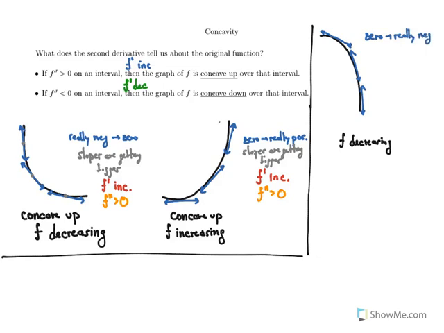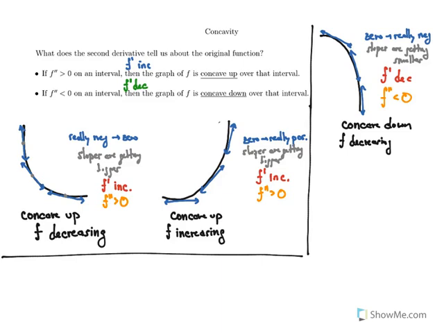That means that these slopes are getting smaller, which means that the derivative is decreasing, which means that the second derivative is negative, which means that this is a concave down function.